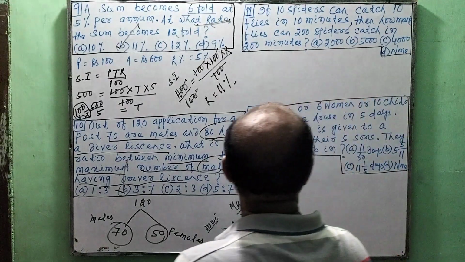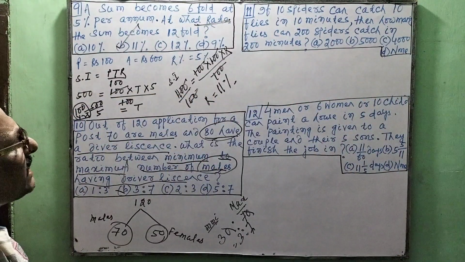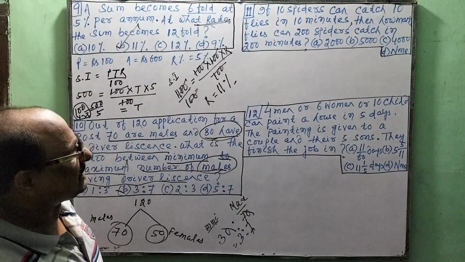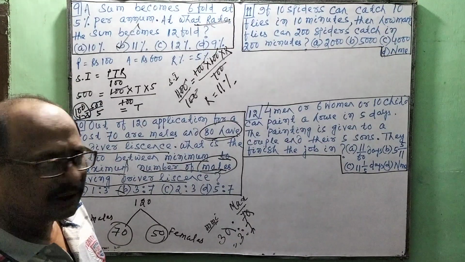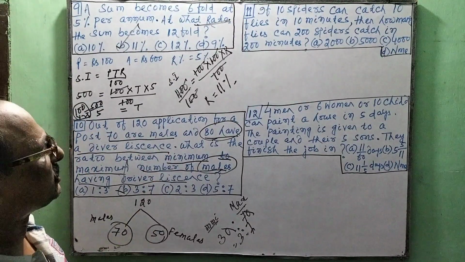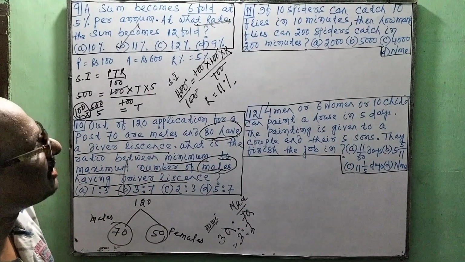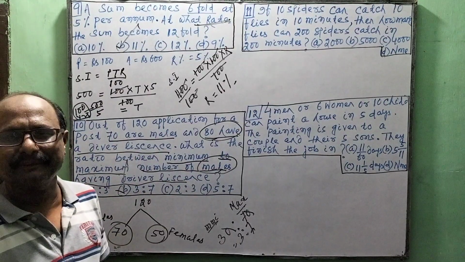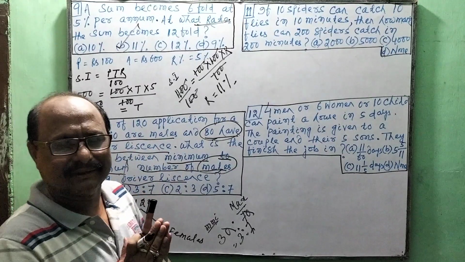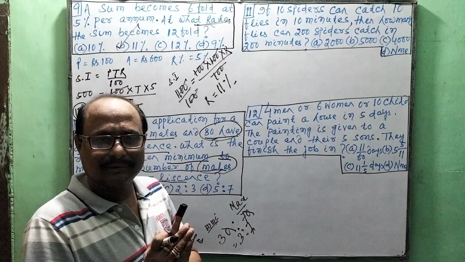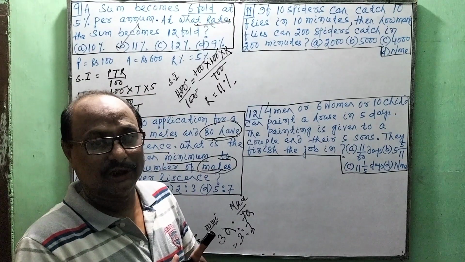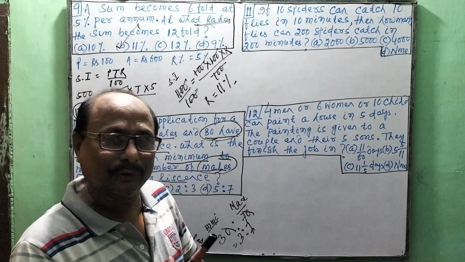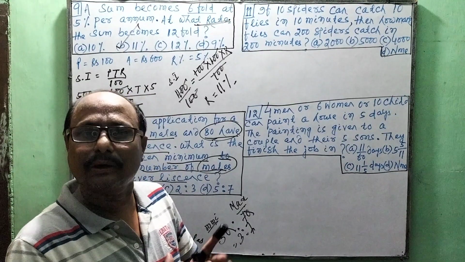Number 11. If 10 spiders can catch 10 flies in 10 minutes, then how many flies can 200 spiders catch in 200 minutes? Look at the question. The question is easy. You remember M1, D1, W2 is equal to M2, D2, W1.